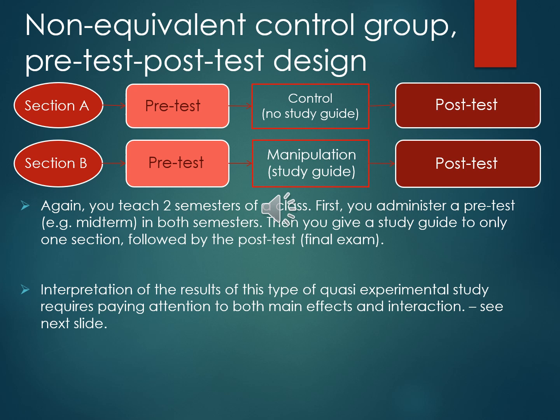Therefore, a fairly detailed analysis is possible, giving a very constrained interpretation of the results. Okay. So the next slide is going to show the patterns of possible results that you can obtain in this design, and we will discuss the possible interpretation for each different pattern of results.